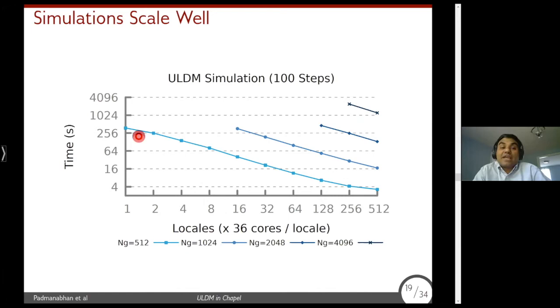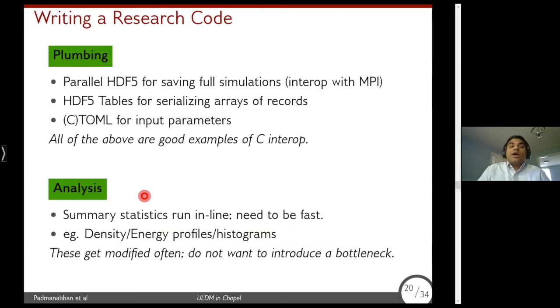In fact, if you take these 2 points, they are a factor of 8 apart, both in the number of locales and the problem size that we're considering out here. So great. So that's one piece of writing a research code.